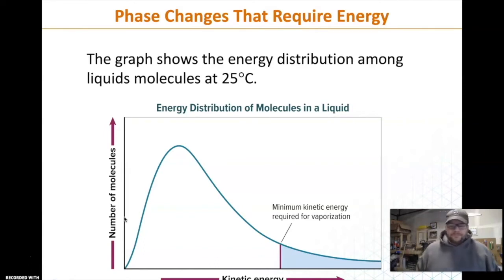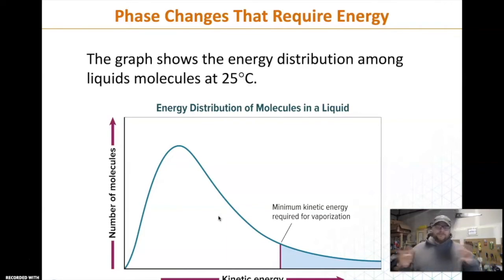In this case here, we have an energy distribution of molecules in a liquid. Now remember that temperature is the average kinetic energy of the particles. Average kinetic energy means that not every particle has to be at that specific amount of energy.